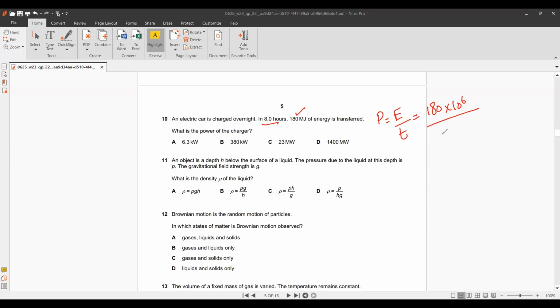How much time is given in hours? 8, multiplied by 3600, converting it to seconds. About 6,250, which is 6.3 kilowatts. Okay.